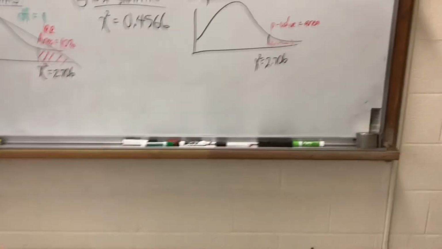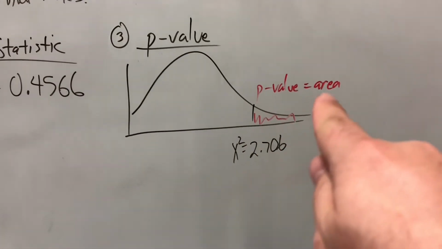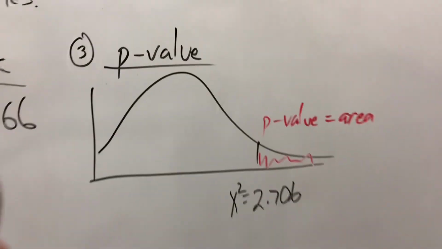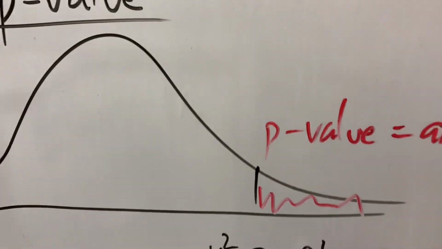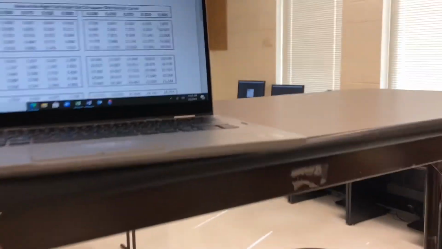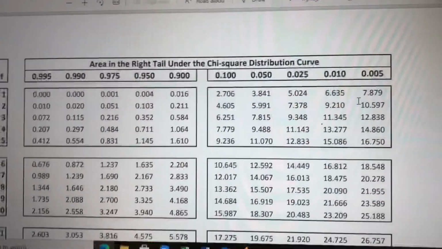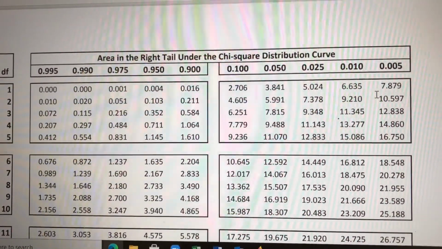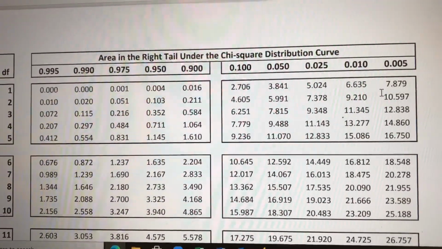Okay, so let's remember what we're trying to do. We're trying to find the area or a range of areas for this. Oh, and our degrees of freedom is still 1. That's probably worth writing, for the same reason as before, because the calculation's still over there. You can see my stuff over there. All right, so we're at 1 degree of freedom, so we're in the top row, and we're looking for a chi-squared value of, what was our test statistic? 0.4566.